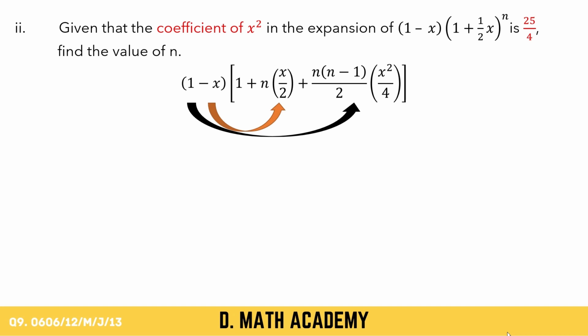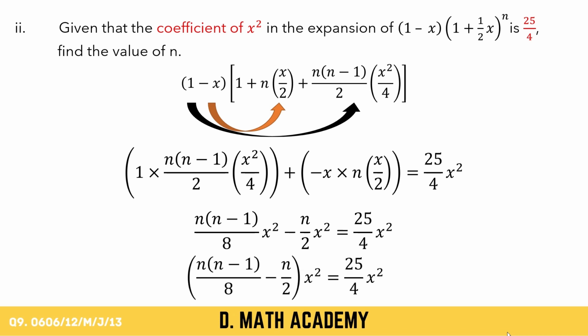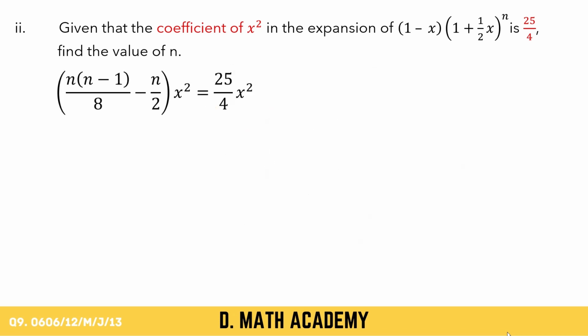Run the calculation, then you will get both results equal to 25 over 4 x squared. I extracted the x squared from both of them, so I'm left with n bracket n minus 1 over 8 minus n over 2 equals 25 over 4. The x squared was cancelled off because both of them are repeating.